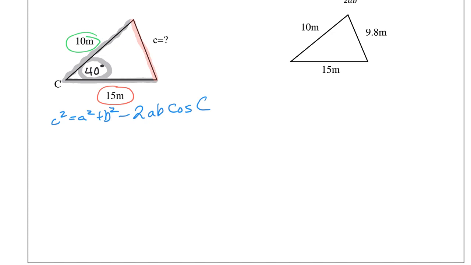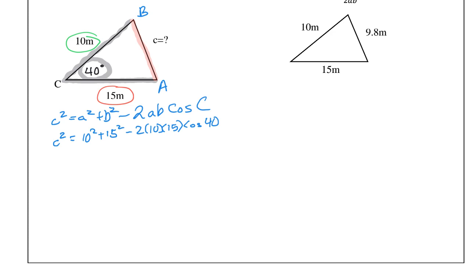We start with saying that our triangle is given by this, our triangle A, B, C, and we're using this basic equation. Now when we substitute, we end up with c squared equals, well, this. So you use the sides around the angle, and then you subtract twice the two sides that you know, times the cosine of the 40.